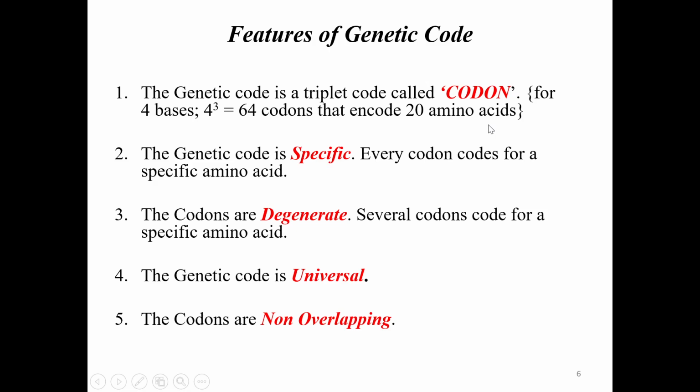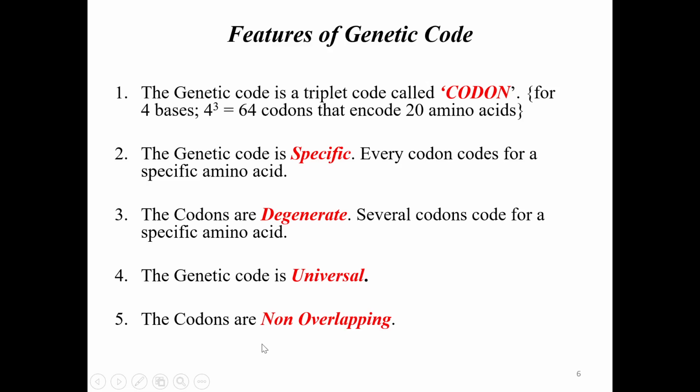Now, remember, genetic code is specific, means every codon codes for a specific amino acid. And the codons are degenerate, means several codons code for a specific amino acid. And remember, genetic code is universal in nature. And the codons are non-overlapping.